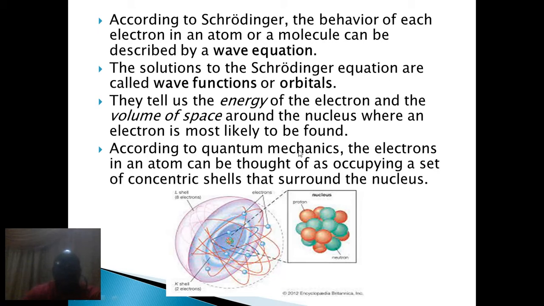According to quantum mechanics, the electrons in an atom can be thought of as occupying a set of concentric shells that surround the nucleus as you have it here. This is the nucleus here, but it has been enlarged to show you that you have protons and neutrons.